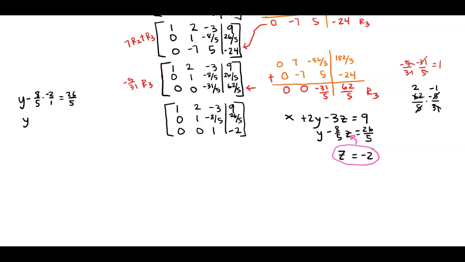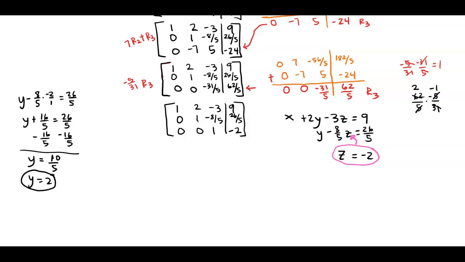So that'll give me y minus, well, I got a negative times a negative, so that's really going to be plus 16/5 equals 26/5. And then when I subtract that 16/5 over, I've got a common denominator and everything, so I'm good there. Y equals, oops, that should be positive, 10/5, which is 2. So y equals 2, right?